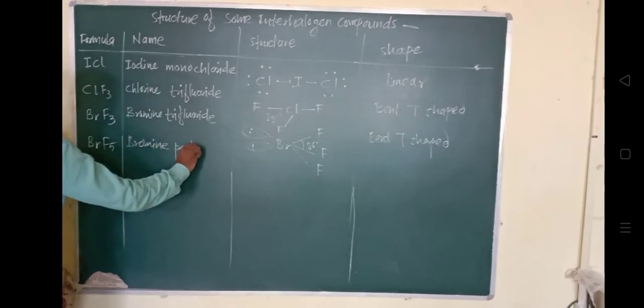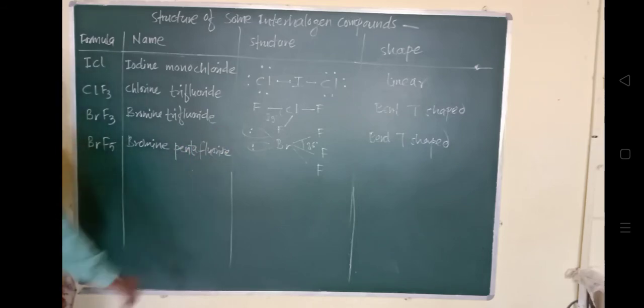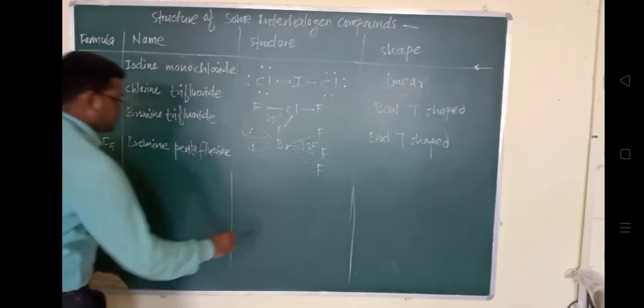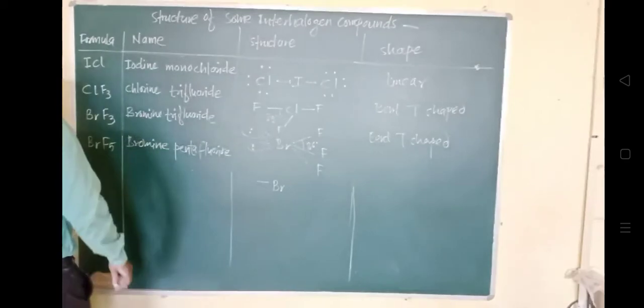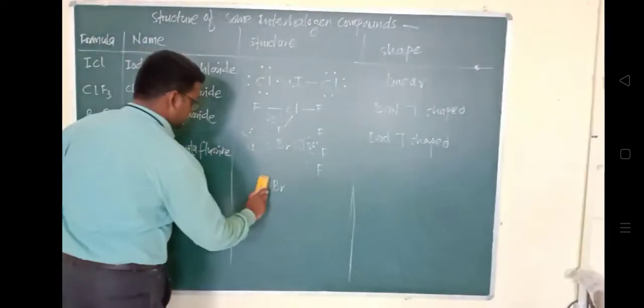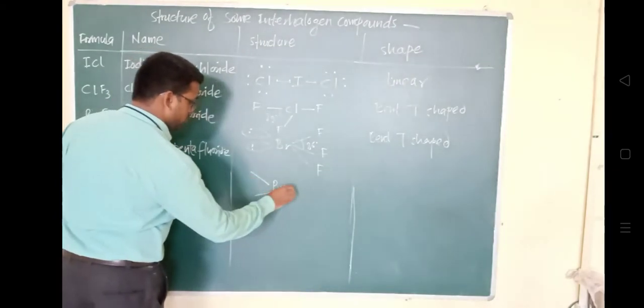So you can see this is the structure. The structure is called square pyramidal. The shape is square pyramidal in the case of BrF5.